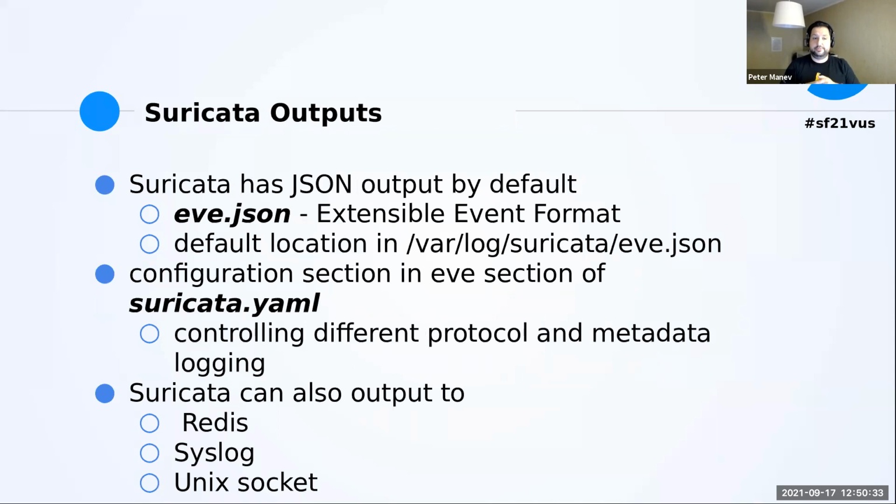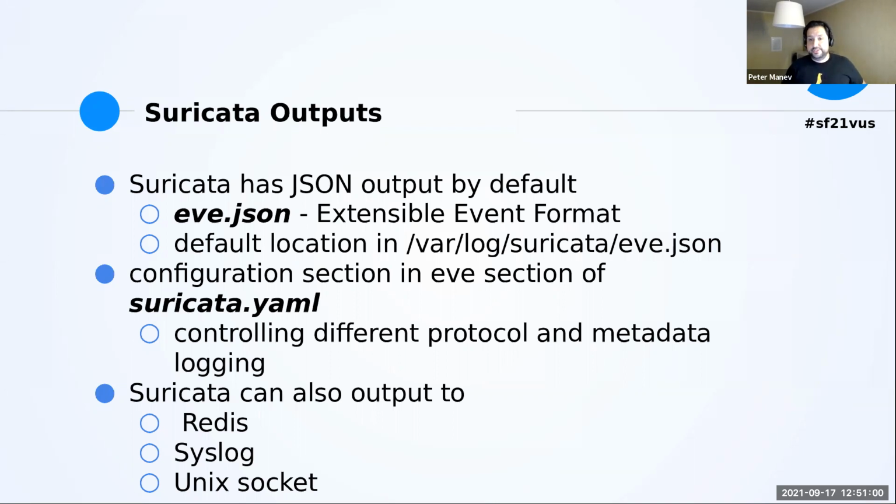We can talk about the other thing that Suricata can output for you, in terms of, let's say, pure logs. Suricata has JSON output by default. The file that Suricata outputs all logs to, whether it's alerts or protocol logs, is called eve.json, the Extensible Event Format.